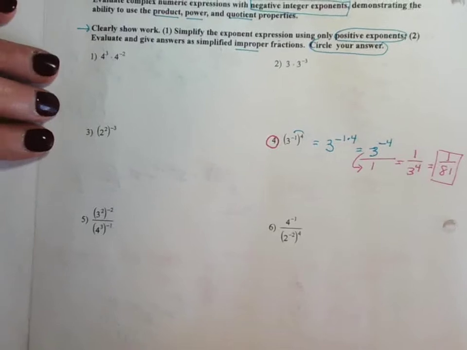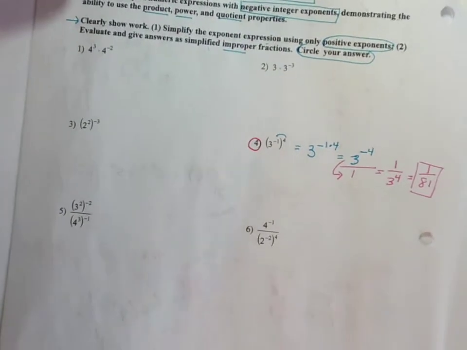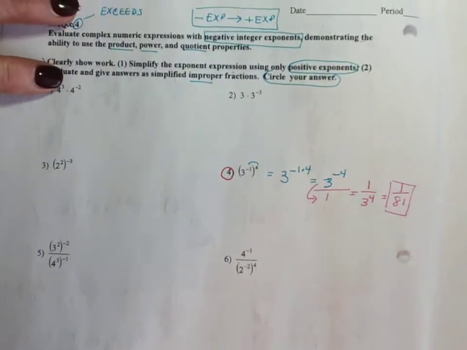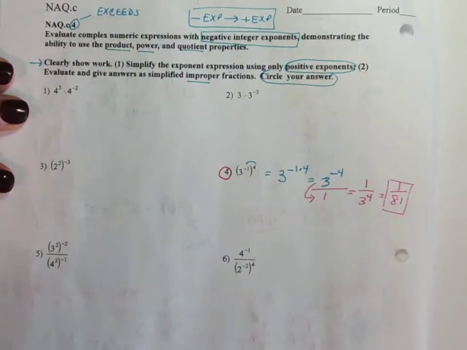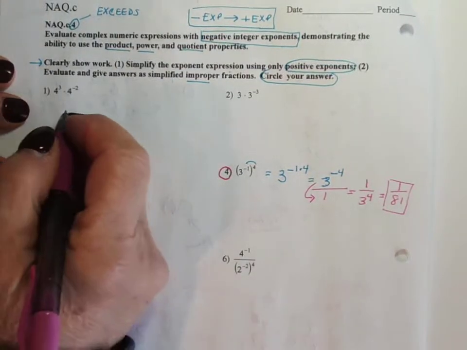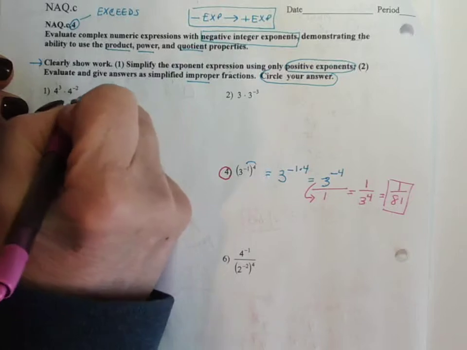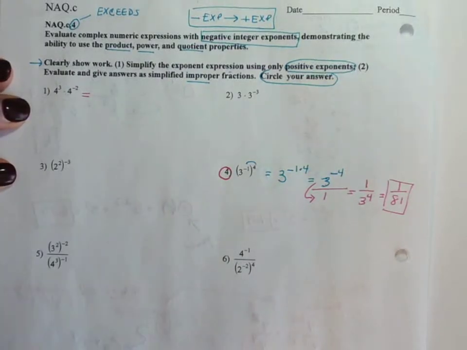Okay, the exceeds. I'm going to go through these for those of you that want to exceed the standard. And basically all the rules apply, except that when you get negative exponents, you have to make them positive.